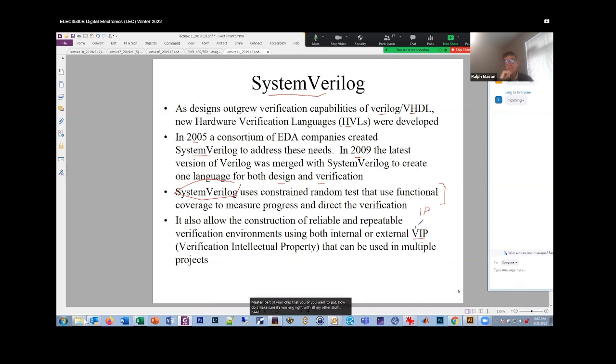I need to verify it. Well, there are companies that say, here's the verification environment, here are the test benches and the tests you need to run to make sure your block is working okay. So people will sell you not only IP, they'll sell you VIP. They'll sell you both of those things. We call that verification intellectual property. And often you buy this and you can use it in multiple projects.